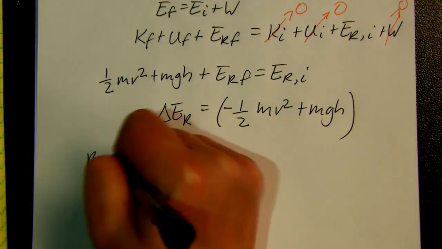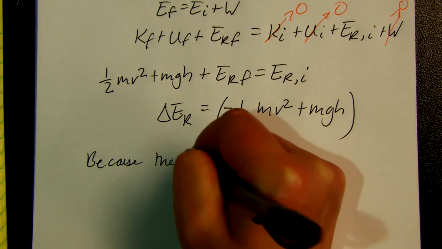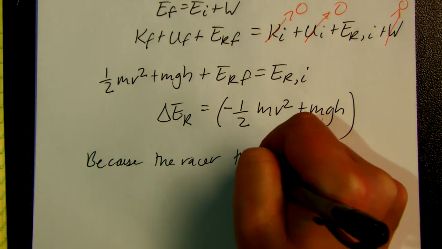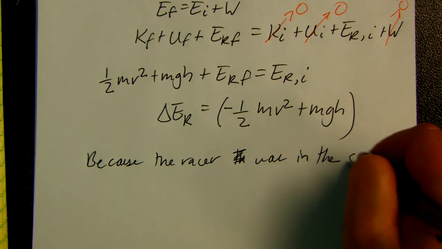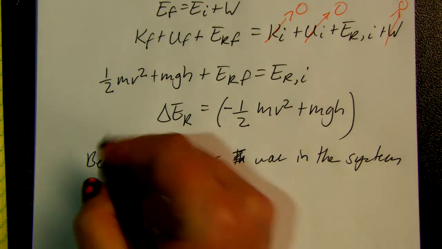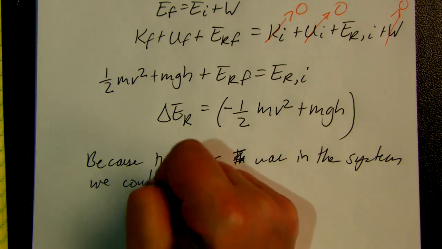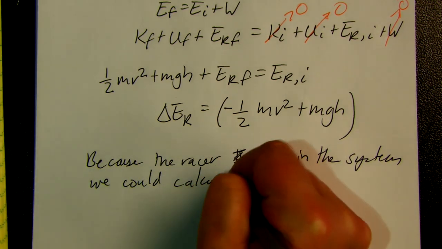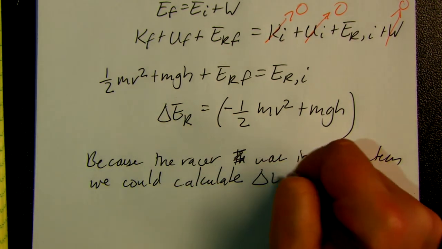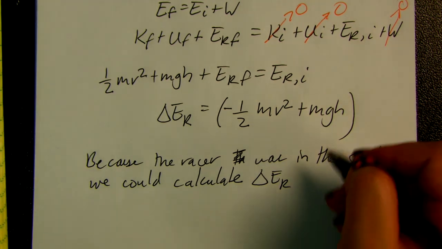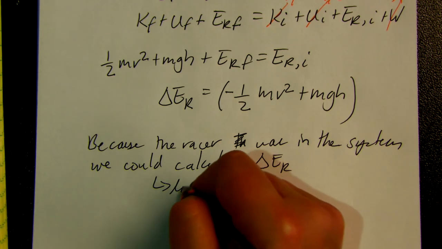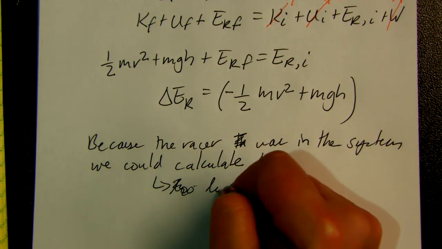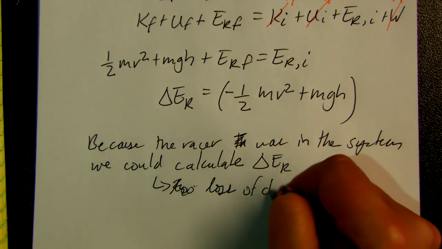And because the racer was in the system, we could calculate the change in energy of the racer, the energy associated with her, which includes loss of chemical energy.